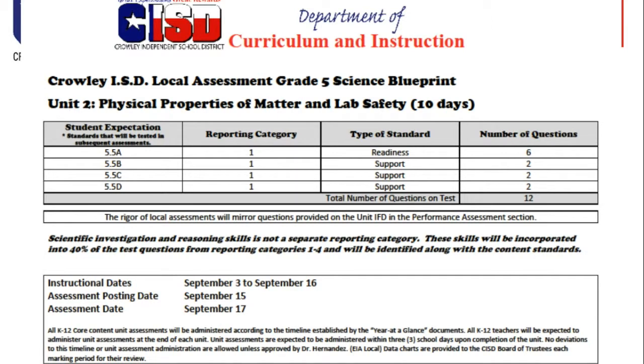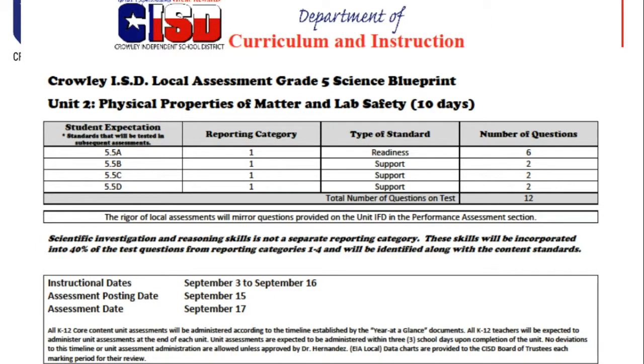The district has allowed for 3 days at the beginning of the 6 weeks for beginning of year procedures. September 3rd through September 16th are instructional days for Unit 2. The Unit 2 local assessment will be available for printing on September 15th, and the unit should be assessed on September 17th.